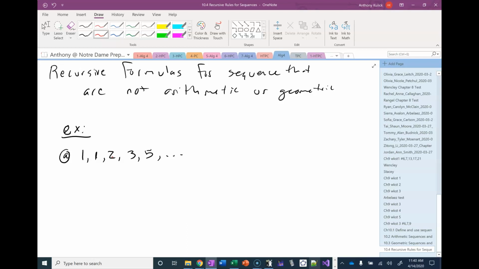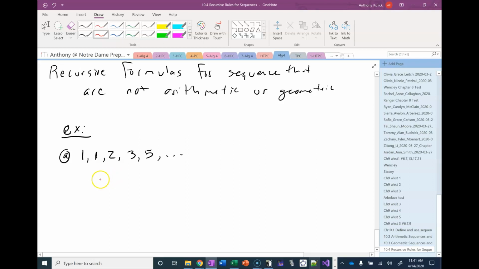It turns out there is both an explicit and a recursive formula. The issue is the explicit formula is quite complicated. However, the recursive rule for this is devastatingly simple. This recursive formula is actually based on the previous two terms.